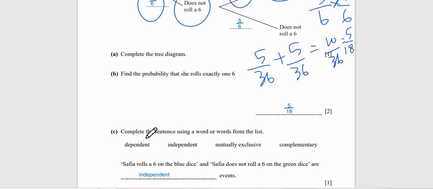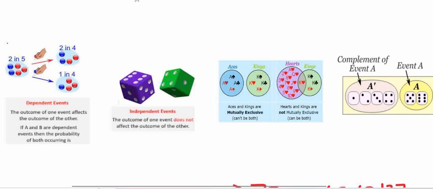So let's take a look at what dependent, independent, mutually exclusive, and complementary events mean. So this is dependent events. Dependent means the outcome of one event affects the outcome of the other. Like if you see there are 2 blue and 3 red, 2 in 5.